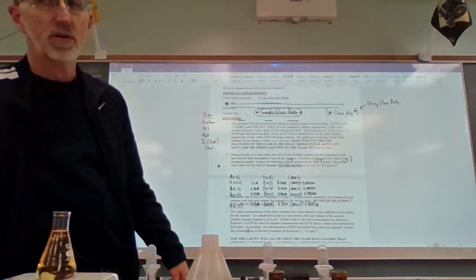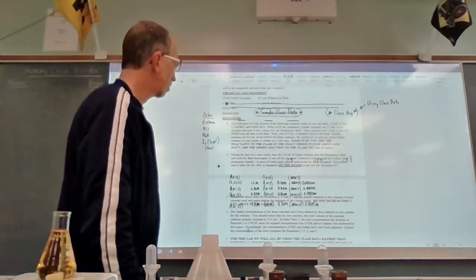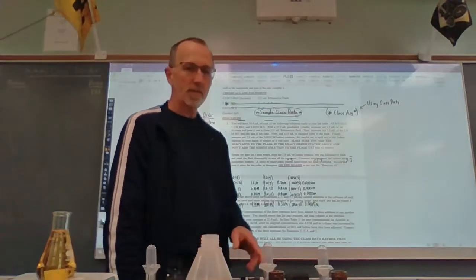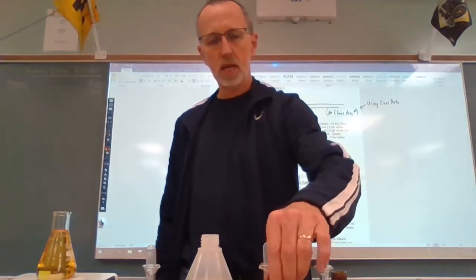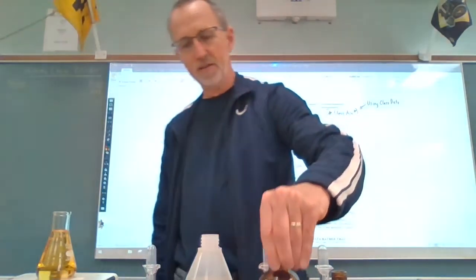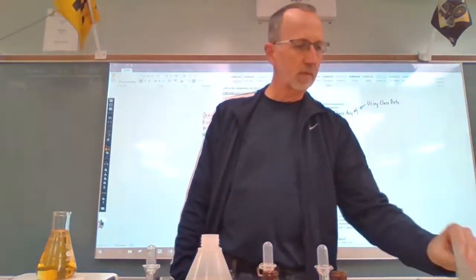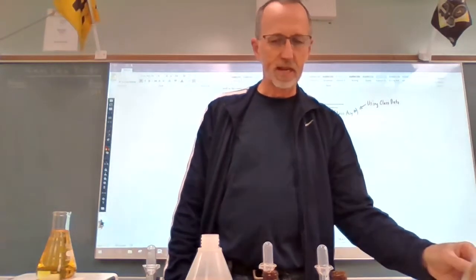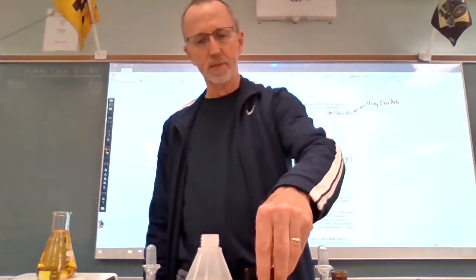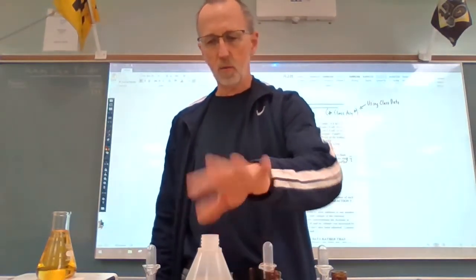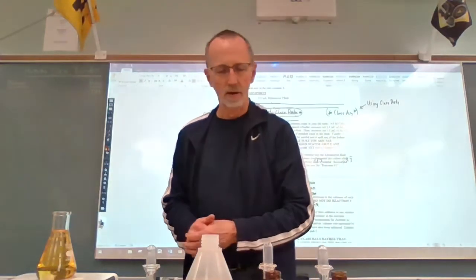Just kind of ignore those. You can look at your own paper. So we have our reactants here. Here's our 4 molar acetone and our 0.5 molar HCl, or I should say our 1 molar HCl. Sorry about that. And then we have our water, and over here, of course, we have our iodine.